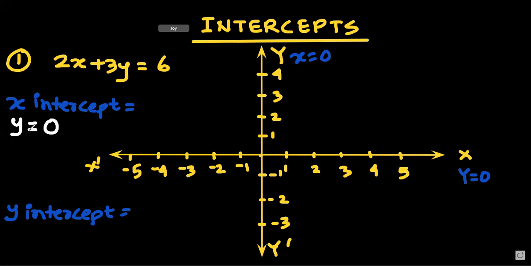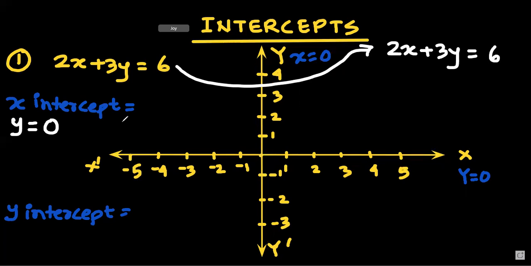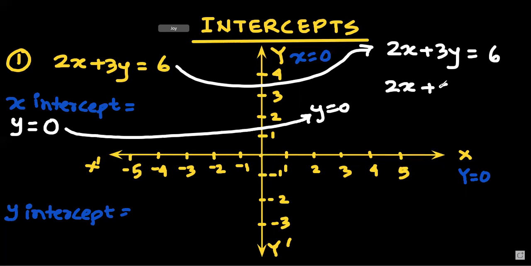Okay, so y equals 0. If we take the equation 2x plus 3y equals 6, and you're plugging in y equals 0, that means 2 times x plus 3 times 0 equals 6.